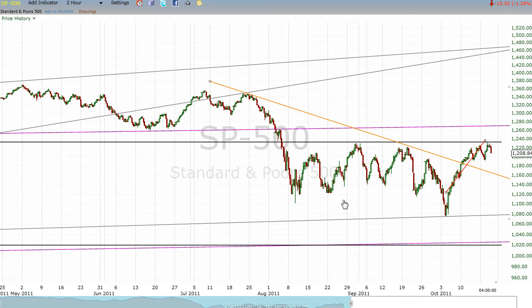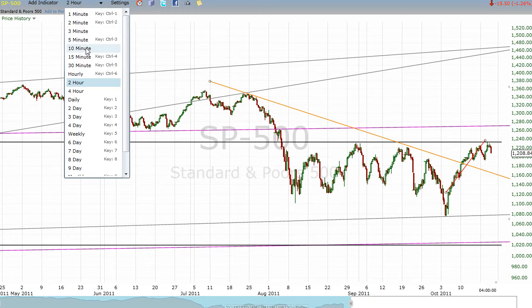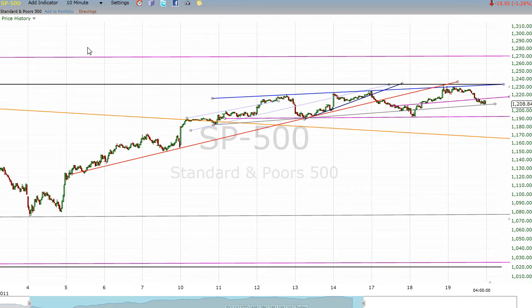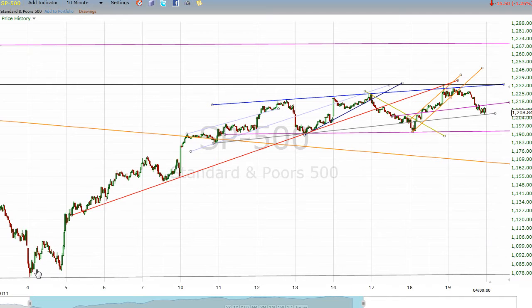Now, what else were we looking at yesterday that came to fruition today? Well, one thing is that we had been seeing from the bottom back here on the 4th and 5th, that little double bottom down there, you could see that huge rally from roughly 1080 all the way up to the 1220 area, that this line served as a support line for that.